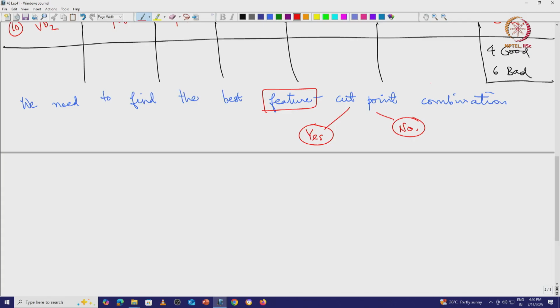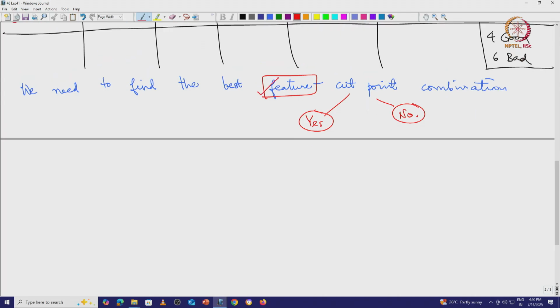If you remember, what we do is we try to find how much, if you select a particular feature, the impurity of the node comes down, right.